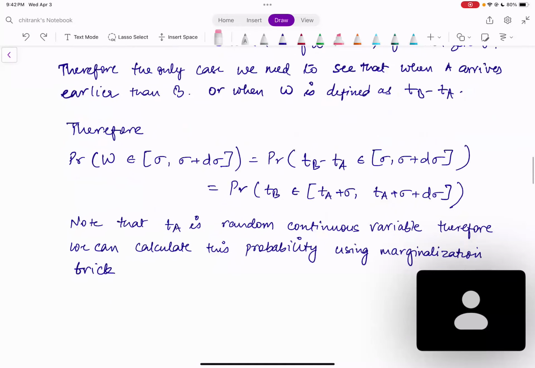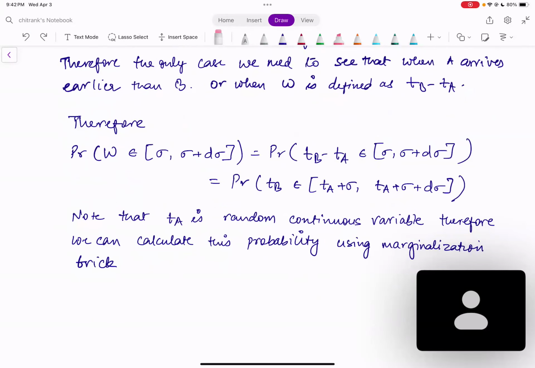Now note that TA is a continuous random variable, and therefore we can calculate this probability using the marginalization trick. You might be aware of the marginalization trick from your undergrad lectures on probability and stats.